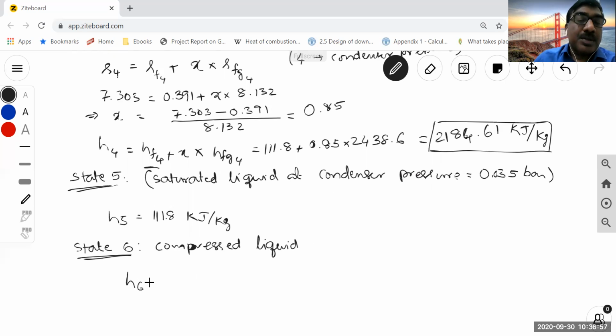So H6 is equal to H5 plus vf at 5 into P1 minus P5, right?